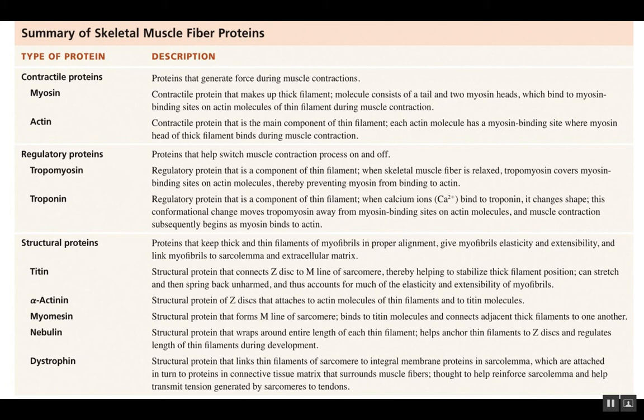So you may want to go through these and read these descriptions once again in order to keep your skeletal muscle fiber proteins straight.